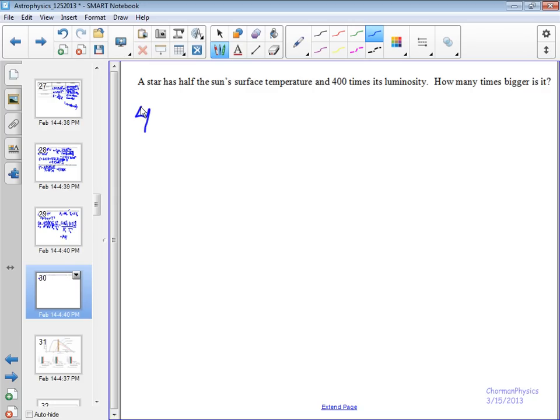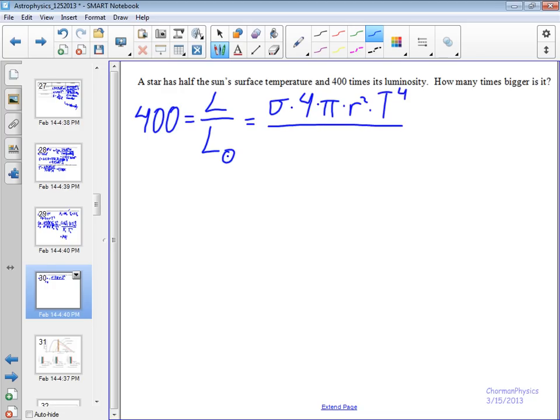So we have a star, has half the sun's temperature and 400 times its luminosity. We want to know how much bigger it is. All right? So you're going to do the same thing again here. 400 is equal to the ratio of some star and its luminosity compared to the luminosity of our sun. So again, I'm just putting all this in.